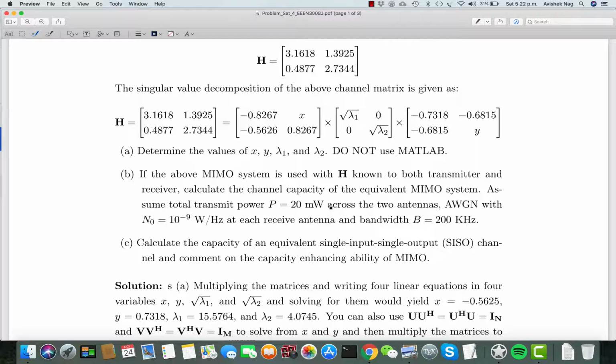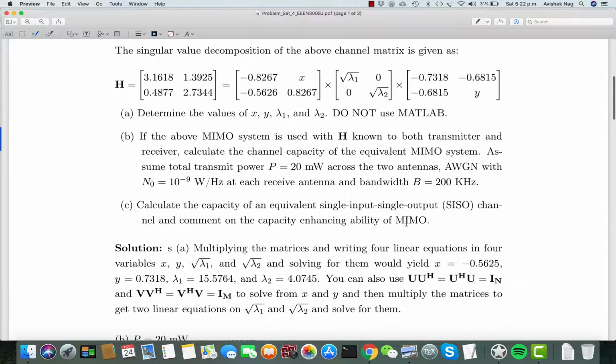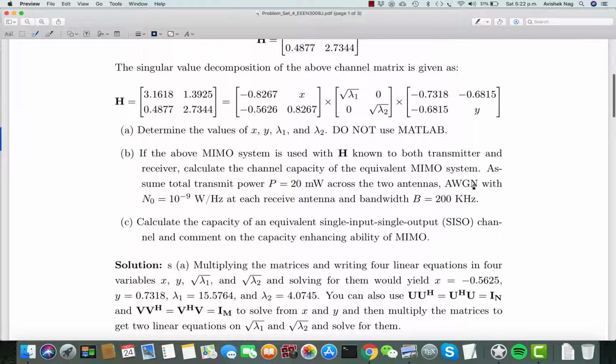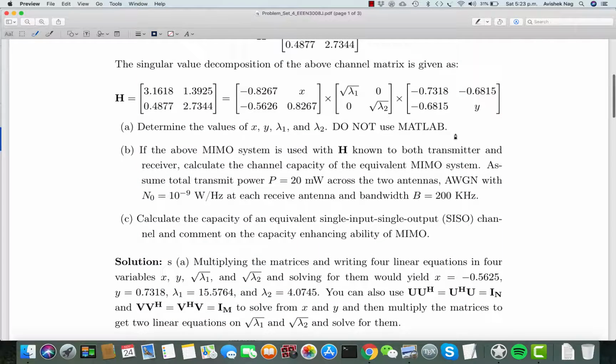You are asked to calculate the channel capacity given the total transmit power, the noise N0, and the bandwidth B. And then you are also asked to calculate the capacity of the equivalent SISO channel and comment on the capacity enhancing ability of MIMO.